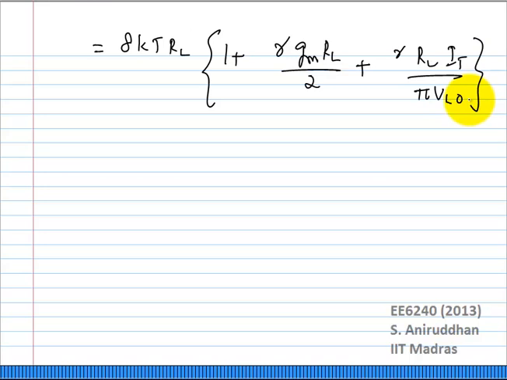So now we want to optimize this noise. So if you want to optimize the noise performance of the mixer, let us do one thing, we will rewrite Gm in terms of the VGS minus VT of the transconductor.